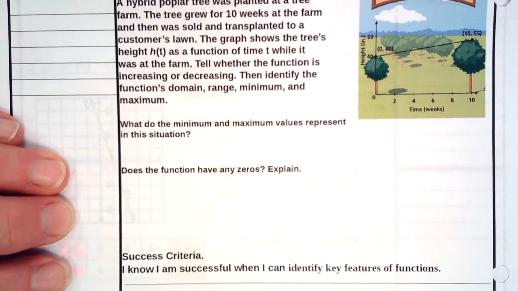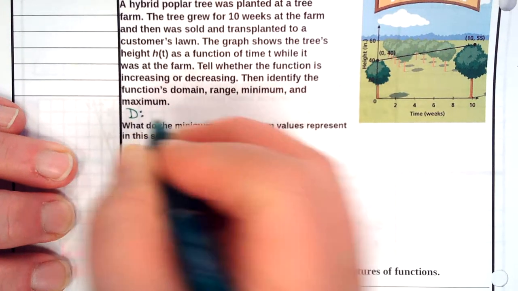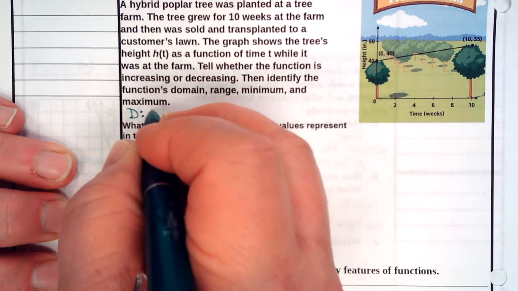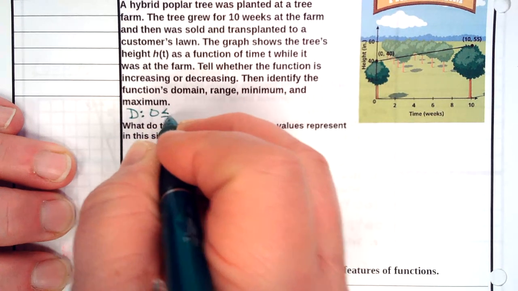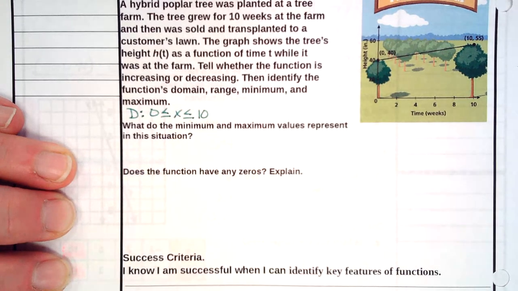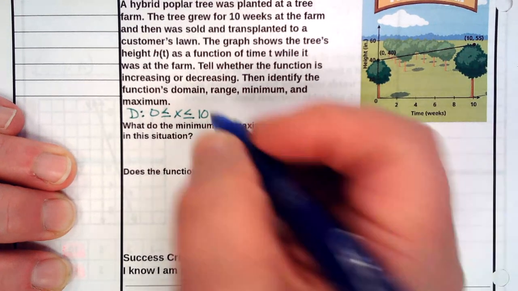Okay, for the domain, it starts at 0 and ends at 10. 0 is less than or equal to x, which is less than or equal to 10. For the range, it starts at 40 and goes to 55.